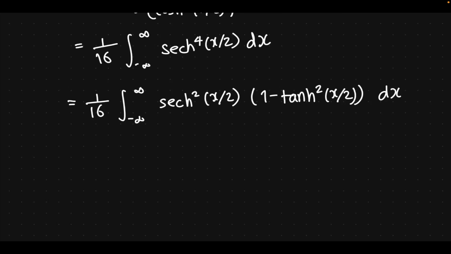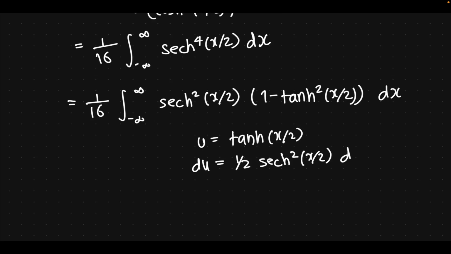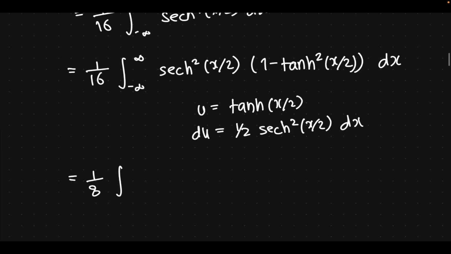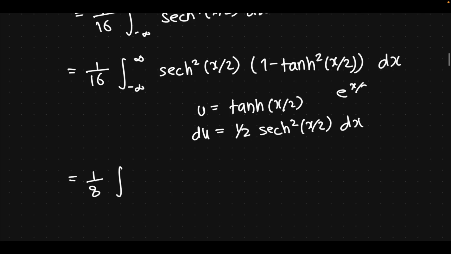And we can also do the substitution u equals tanh of x over 2 because du is nicely 1/2 sech squared of x over 2 dx. So we have 1/8. Now the bounds, since the hyperbolic tan is basically sinh over cosh, which looks in terms of exponentials something like this.